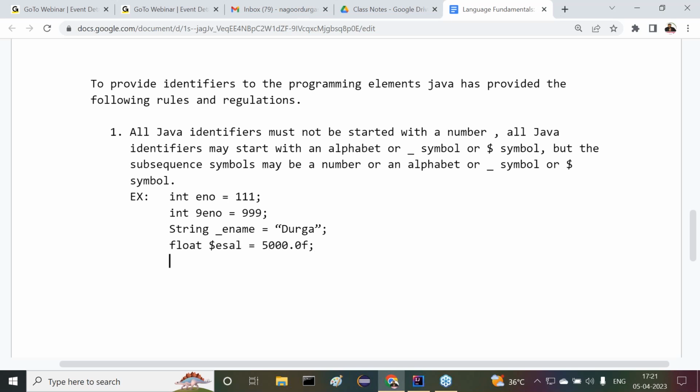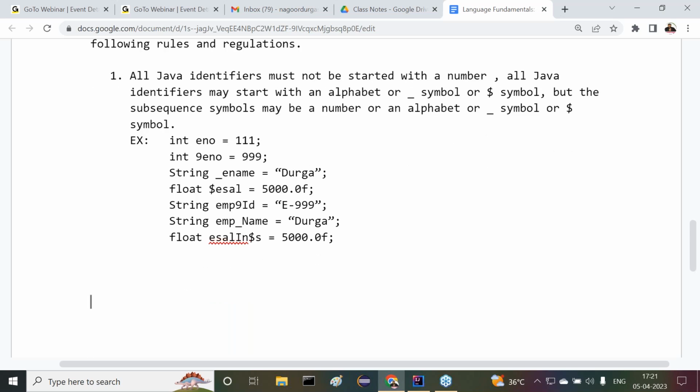Observe carefully. String EMP9ID is equal to E-999. String EMP underscore name is equal to Durga. Float ESal dollar is equal to 5000.0f. These are the various examples that are given.